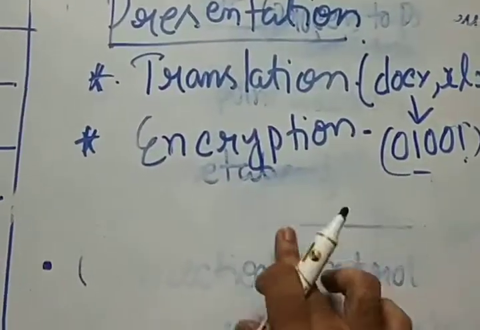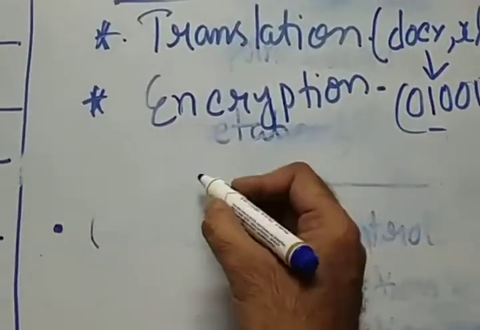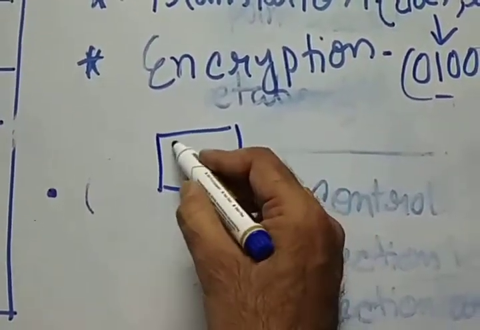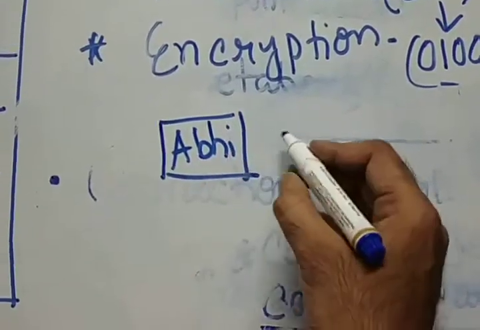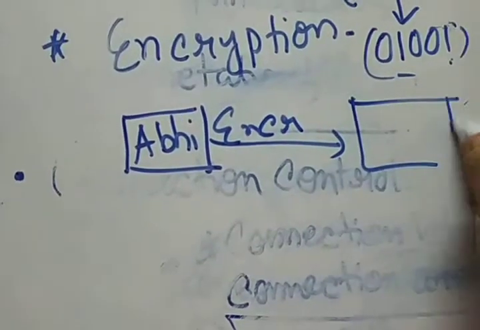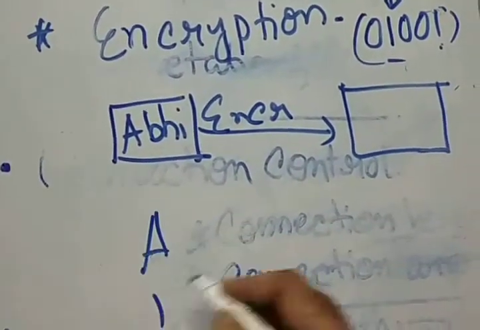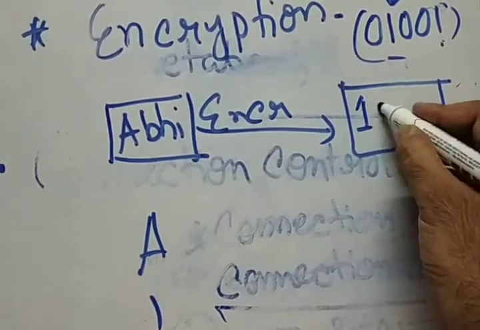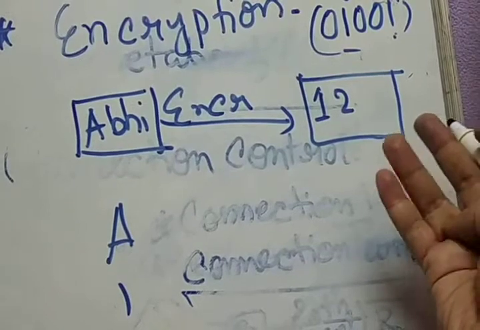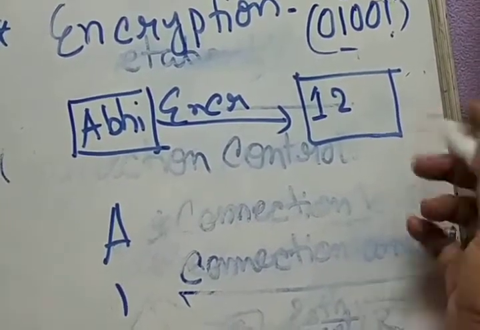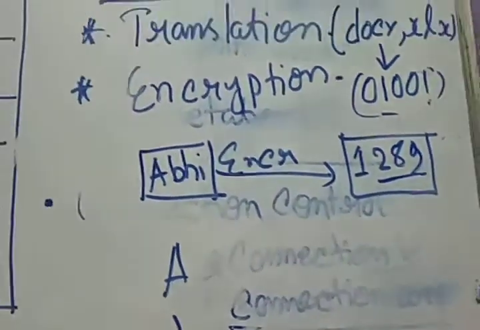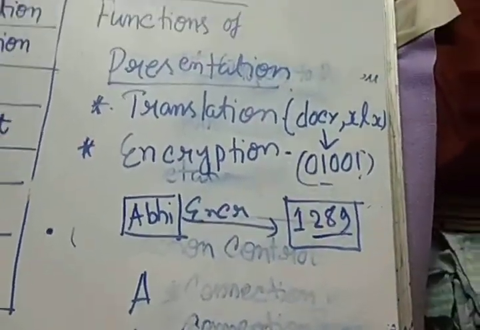Encryption means translating into encrypted form. Suppose I want to send the data ABHI. If I encrypt it such that A means 1, B means 2, and so on, then ABHI becomes 1, 2, 8, 9. That is the encrypted form, and this encryption can be done by the presentation layer.